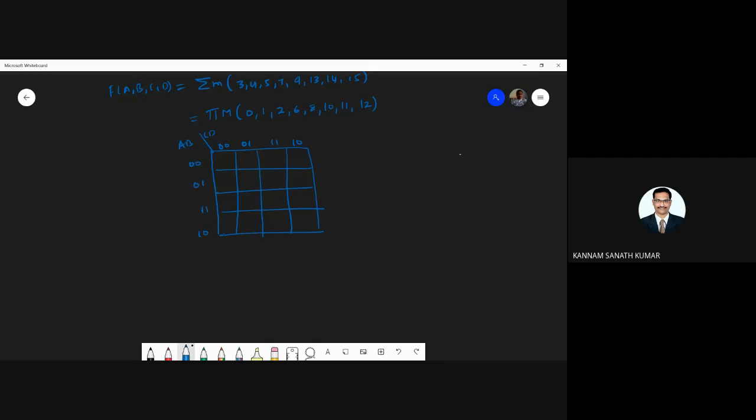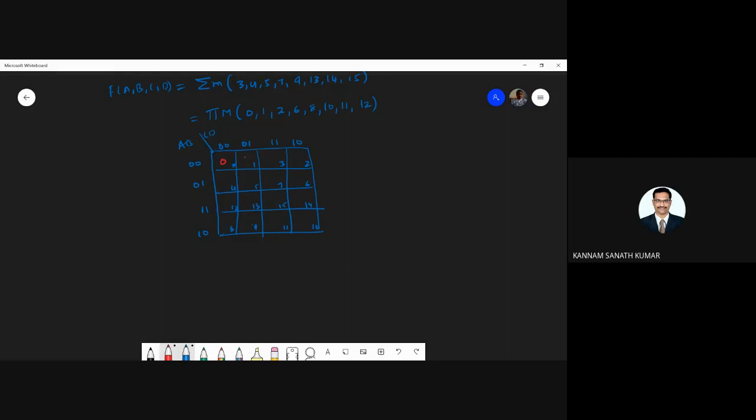Okay, so 0, 1, 2, 3, 4, 5, 6, 7, 8, 9, 10, 11, 12, 13, 14 and 15. Here I am writing 0 wherever these values are there.